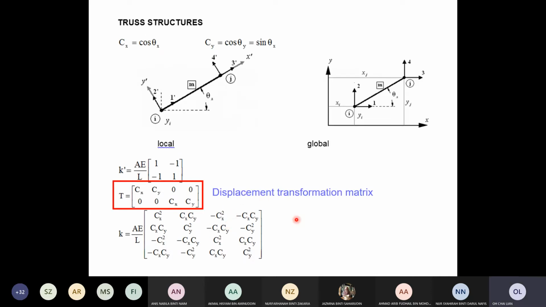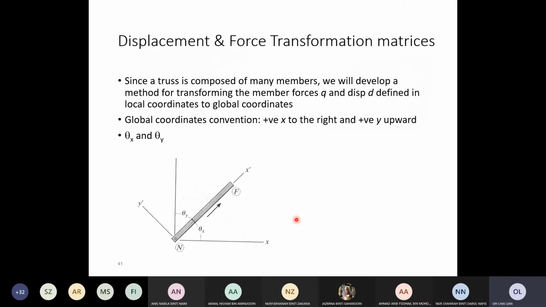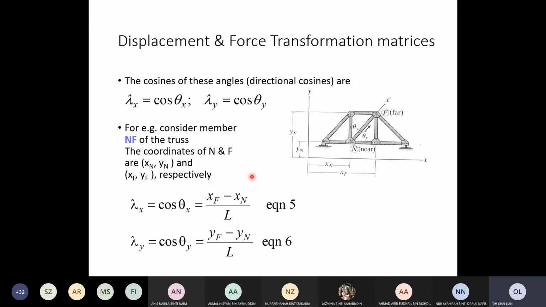So what is the displacement transformation matrix? Just now we said we want to talk about displacement and also the force transformation matrix. If you look at that, we have x prime, y prime, and we also have x and y. So we have local and also global coordinates, and the ones drawn are all in the positive sense.